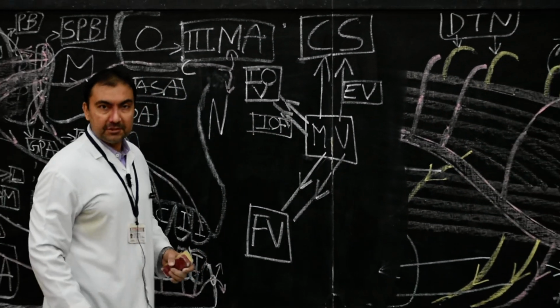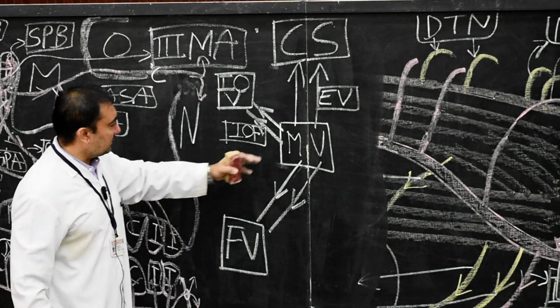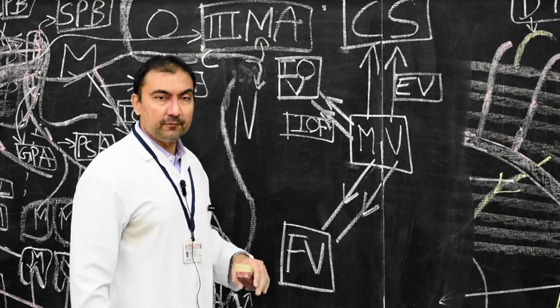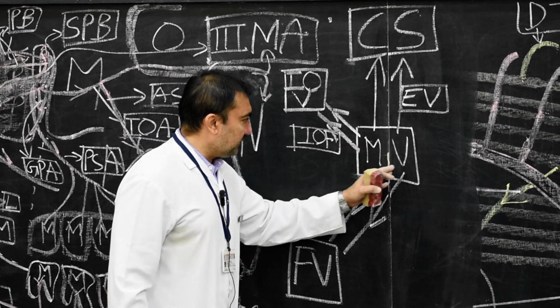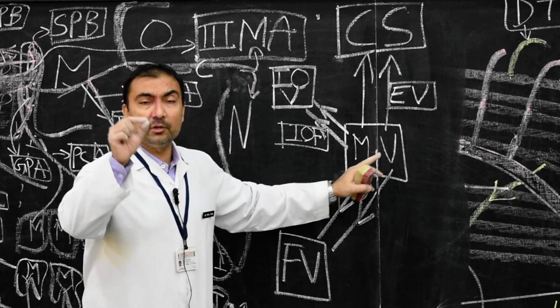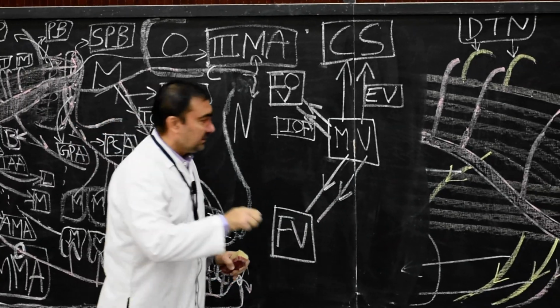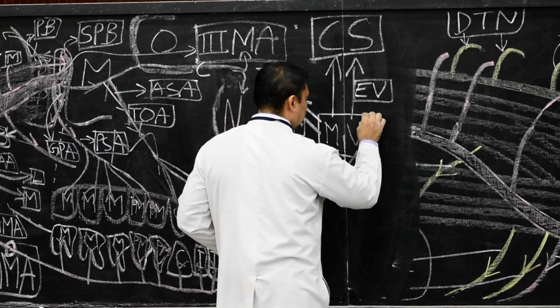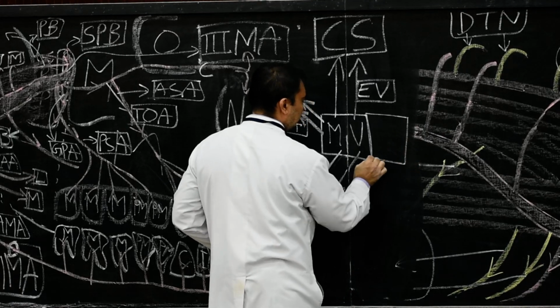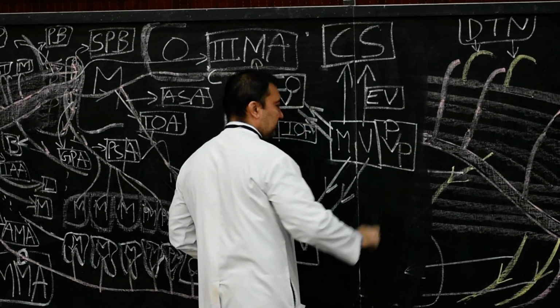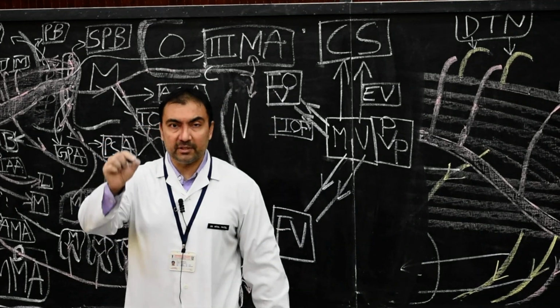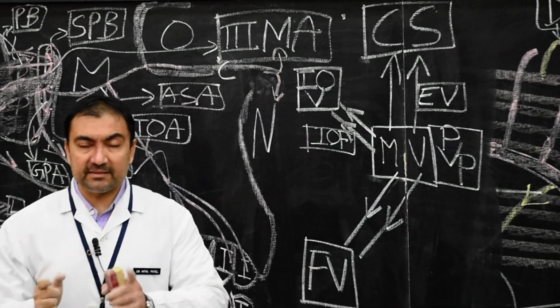Through the inferior orbital fissure, the tributaries will connect the maxillary vein with the inferior ophthalmic vein. So therefore, this maxillary vein is also known as the pterygoid venous plexus. The other name of the maxillary vein is the pterygoid venous plexus, present on the lateral pterygoid muscle. Both are one and the same.